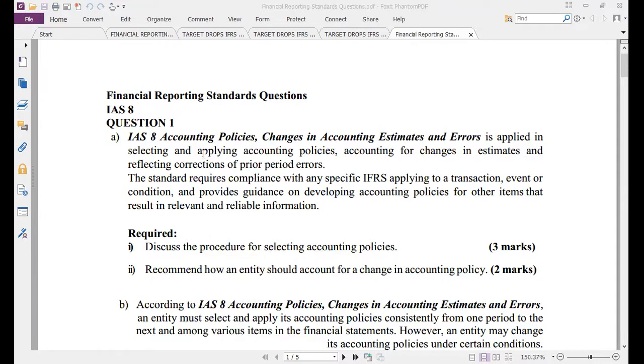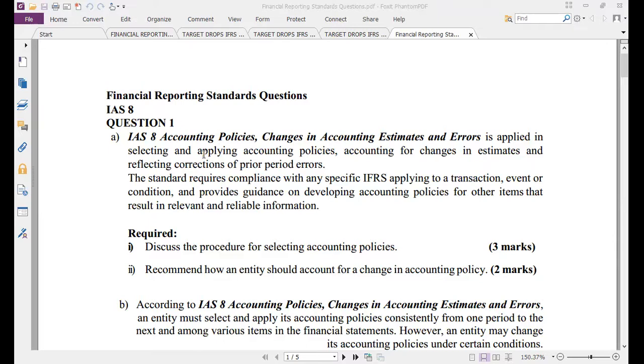The standard requires compliance with any specific IFRSs applying to a transaction, event, or condition, and provides guidance on developing accounting policies for other items that result in relevant and reliable information.